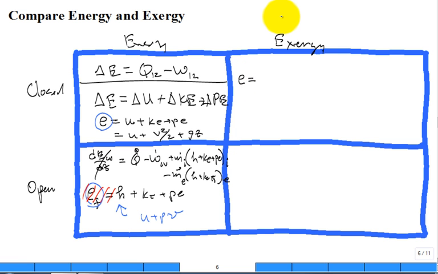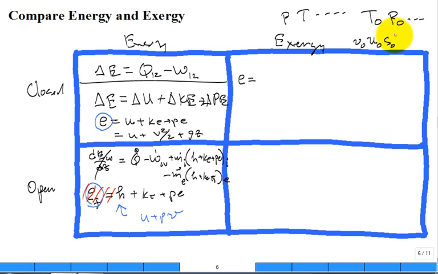Remember, it was a function of the property of the system, and a function of the dead state temperature and the dead state pressure, and the theoretical properties of the system like u naughts and s naughts, that would be of the system when it gets into thermal equilibrium with the environment. So there are a lot of symbols in this exergy.